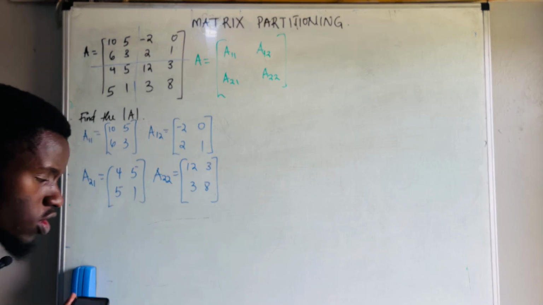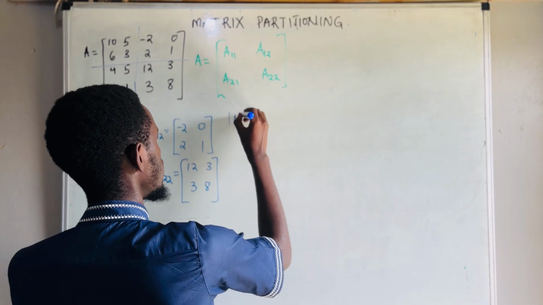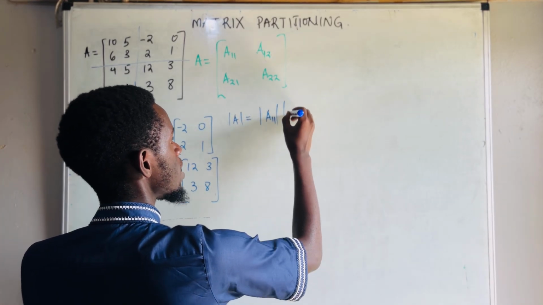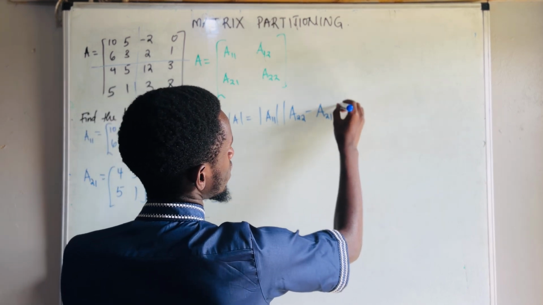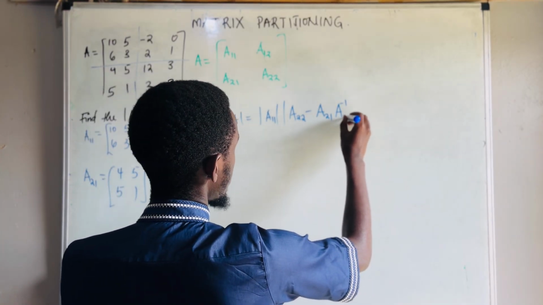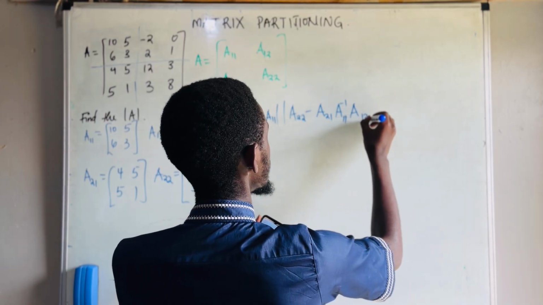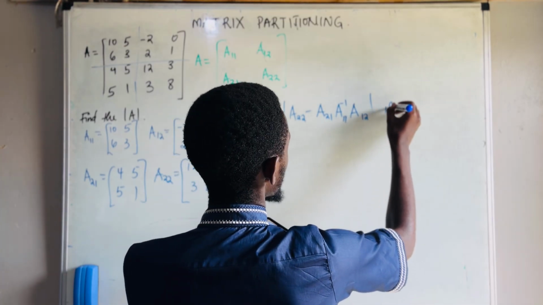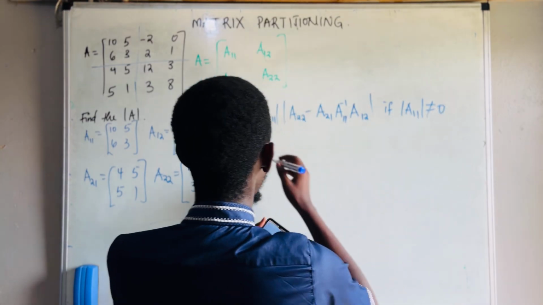We shall find the determinant using the result, saying that the determinant of A equals the determinant of A11 times the determinant of A22, minus the determinant of A21 times the inverse of A11 times A12, the determinant of the whole of this, if the determinant of A11 is not equal to 0.